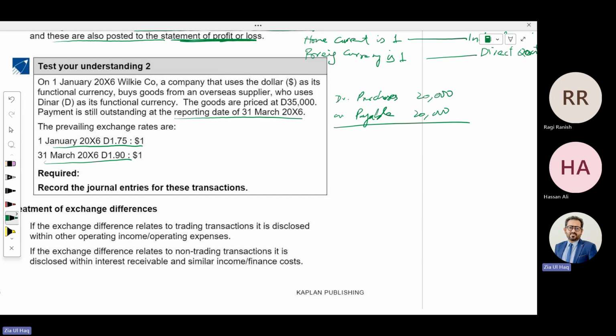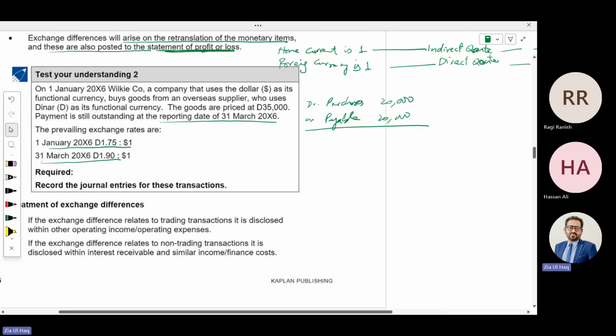Can you calculate what 35,000 is at 1.9? 18,421. This means now we need to record this payable as 18,421 instead of 20,000.